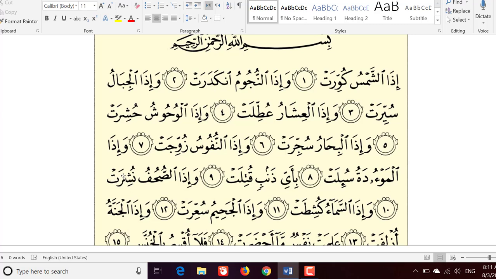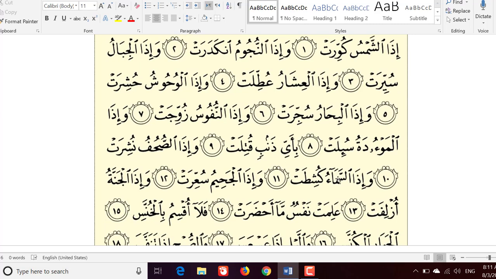وَإِذَا السَّمَاءُ كُشِطَتْ, sama here is singular feminine. It is another word that, even though it doesn't have a ta marbuta, it is considered feminine. And when it's kushitat, when it's removed away, when the sky no longer exists, when it's removed. وَإِذَا الْجَحِيمُ سُعِرَتْ, when the hellfire is set ablaze.